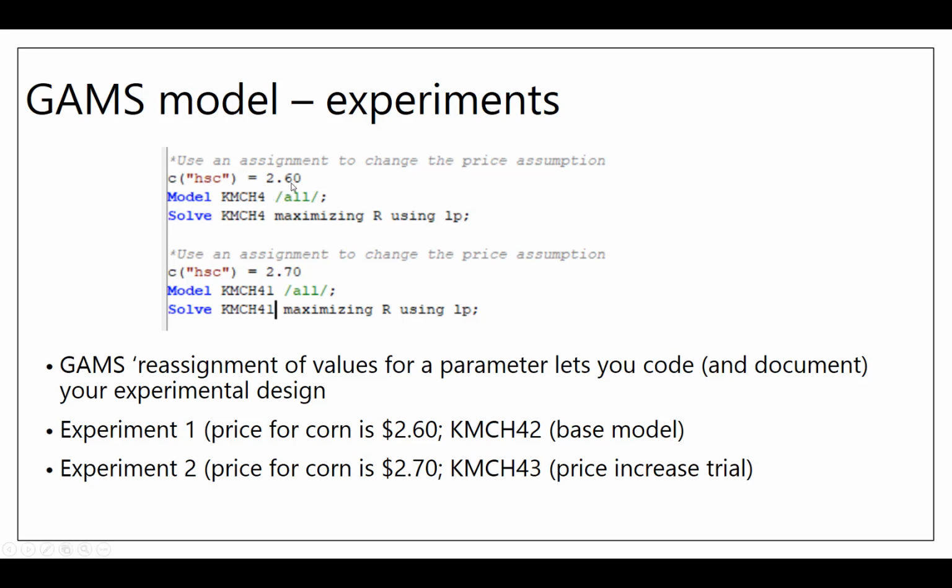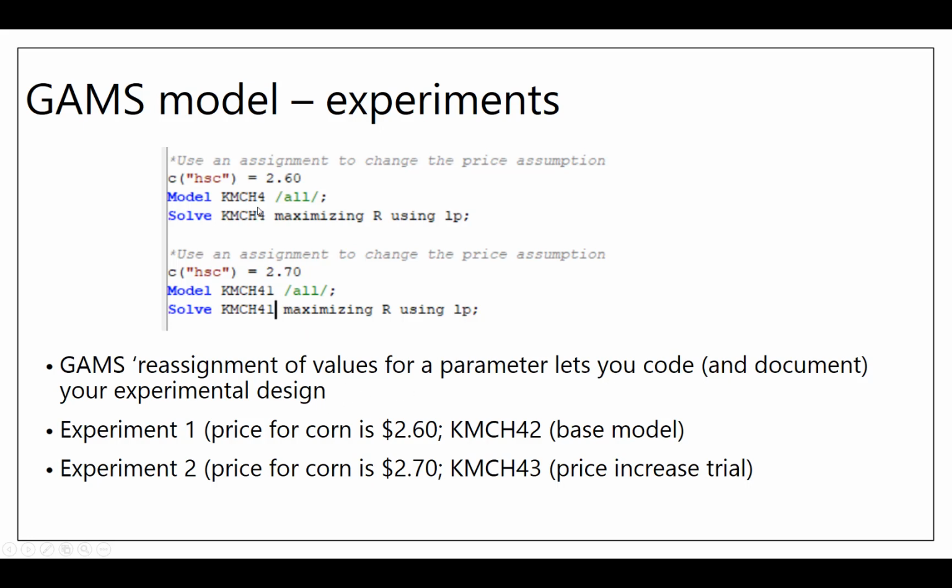And so that's not really a reassignment, it's just me putting that there to be sure that I understand that this experiment is under a price of $2.60, so that when I come down here and reassign that price to be $2.70, I'll have documented that this model goes with a $2.60 price, this model goes with a $2.70 price. And so that reassignment of parameter lets you code and document your full experimental design, right?